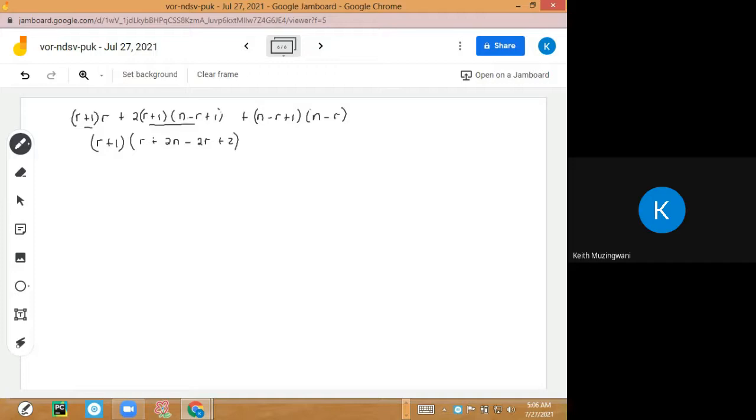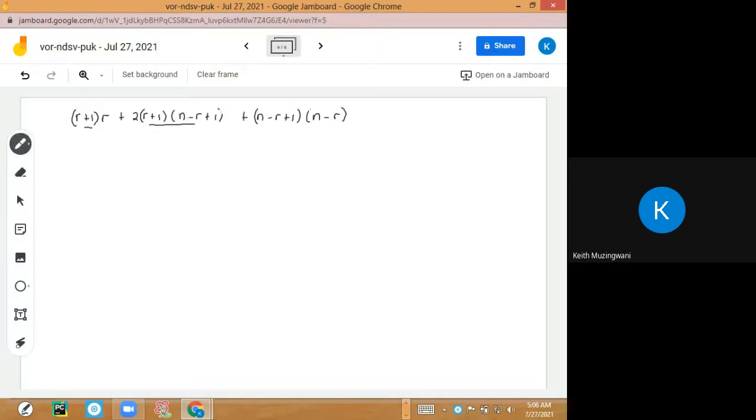Okay, let's see if something can simplify here. The 2n. Okay, but the other one can simplify. Or it's also similar because of the 2 there.